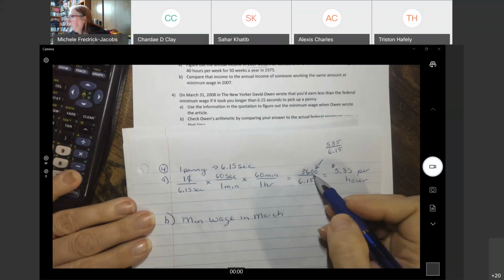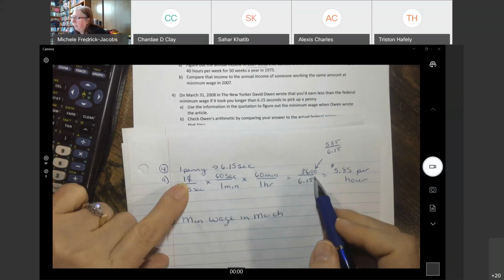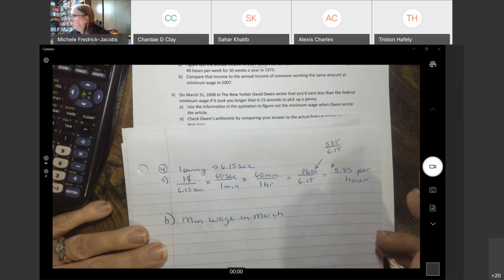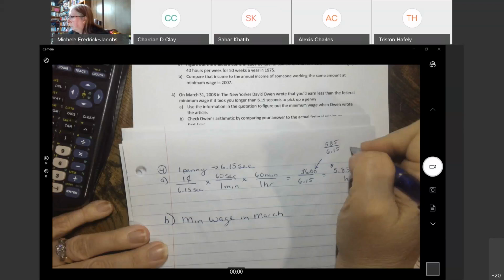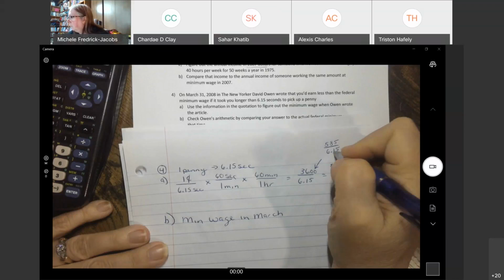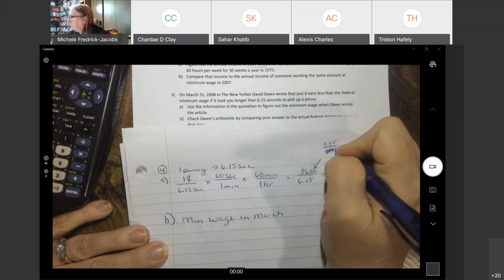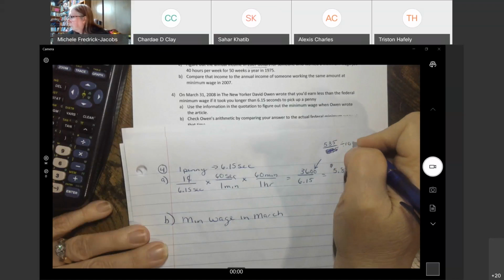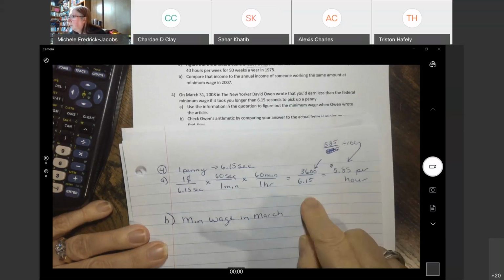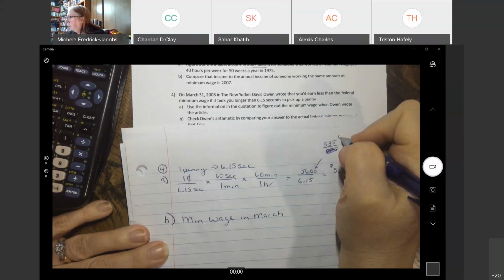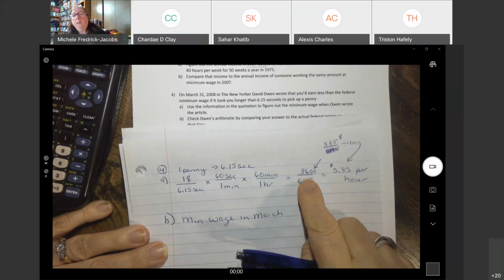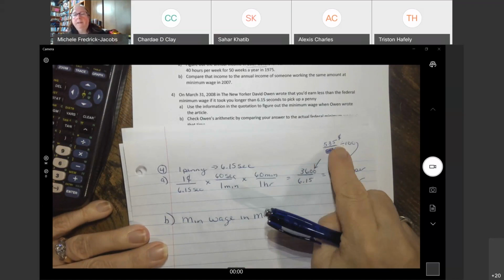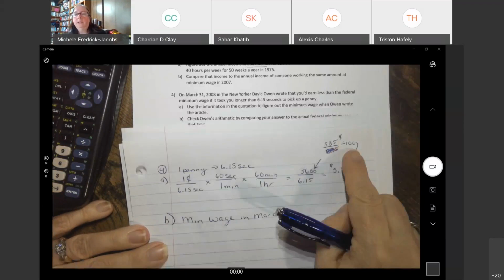Sorry, if you got the 3600, the reason I had 36 was I had 0.01 here when I calculated it earlier. If you kept the 3600, it would be cents, which is 585 cents, and it's easier to change to dollars.